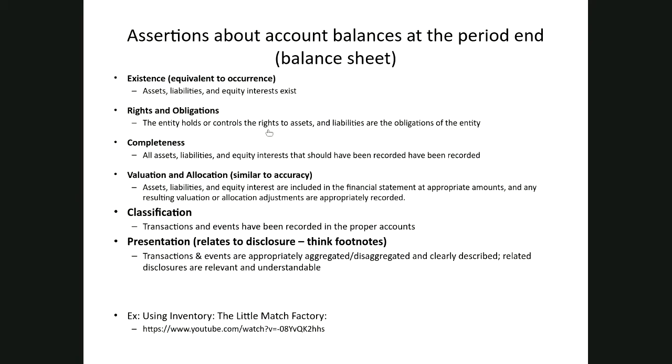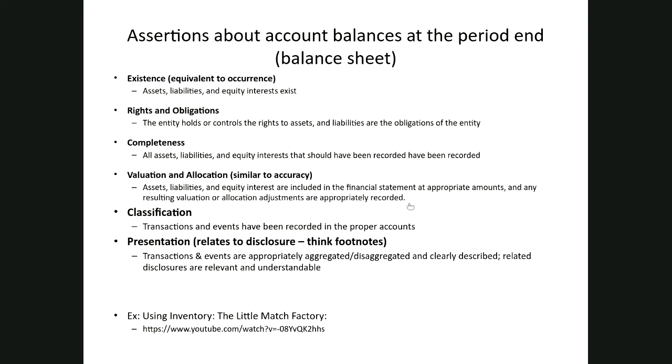So with consignment inventory, you could, in theory, have goods that are physically located in your warehouse, but you don't actually own the goods. Somebody else owns them. That would be consignment in. Or you could have consignment out inventory, which would be, hey, I actually do own inventory, but somebody else has physical custody of it. So that's what the rights and obligations angle is all about: who has actual legal right or legal obligation to a particular asset or liability.